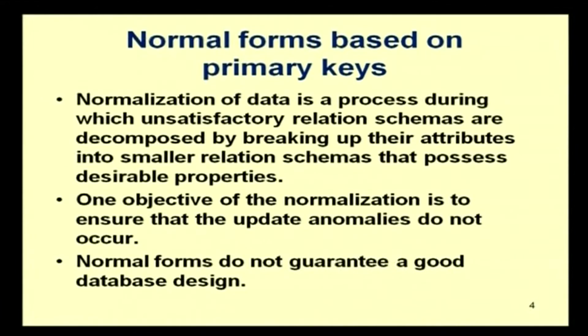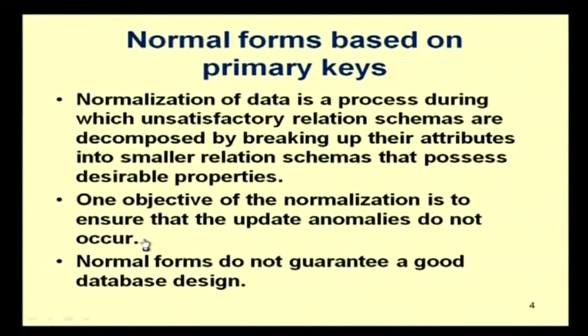So, what we are essentially doing during the normalization process is trying to find out whether a design schema that you have satisfies some desirable property. If it does not satisfy the desirable property, we are trying to split the attributes such that the property is satisfied. As we already saw in the previous lecture, there are certain problems when we do insertion, deletion and updation if you do not have proper design.